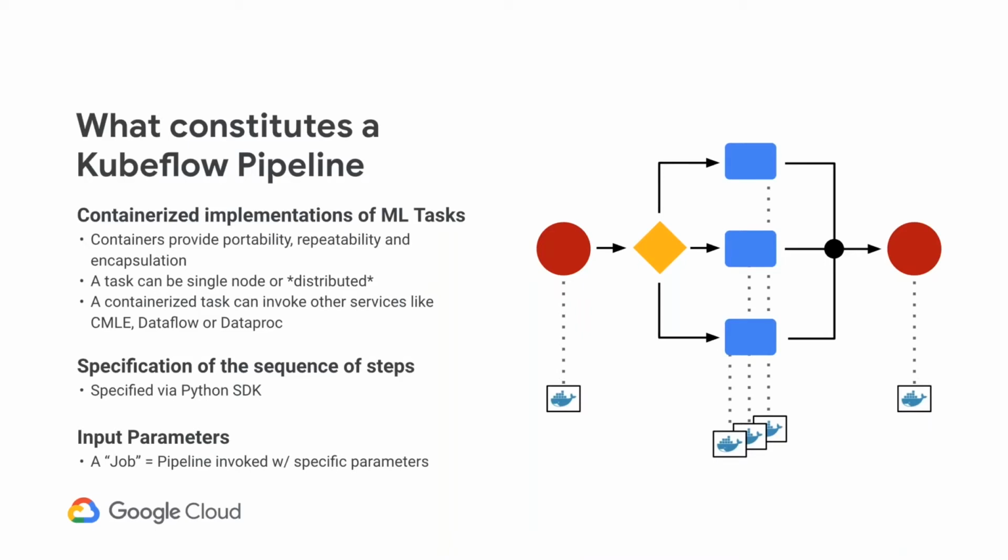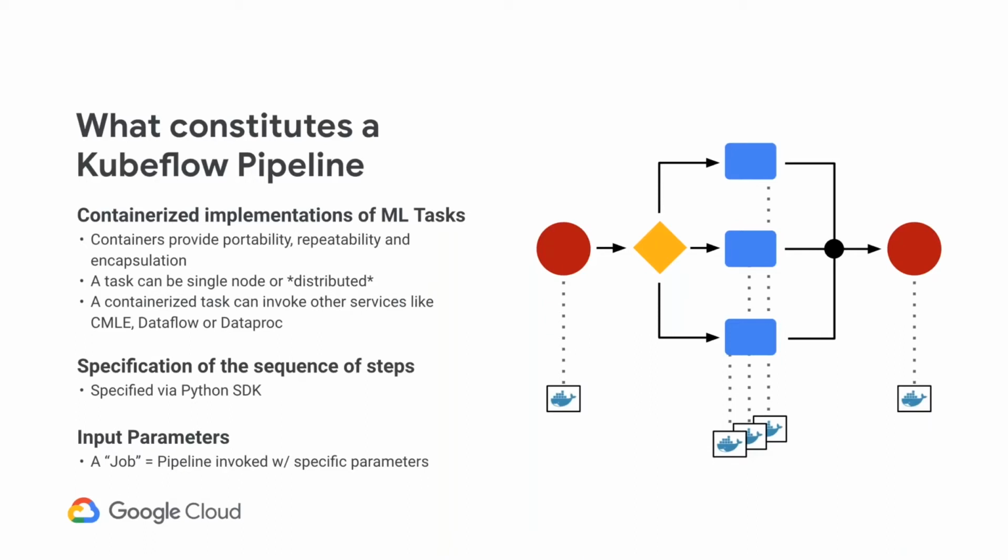Now, the other key aspect of the workflow is the definition of the sequence, or the topology, of the workflow: the sequence in which the steps should run, how the data flows between these steps, and how to connect the outputs of one step with the inputs of downstream steps.